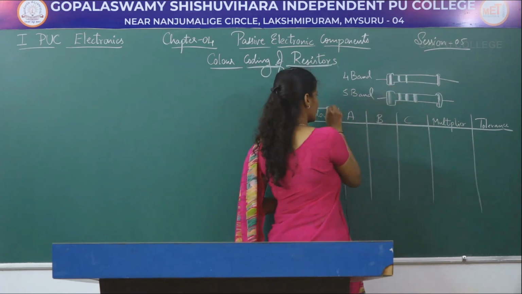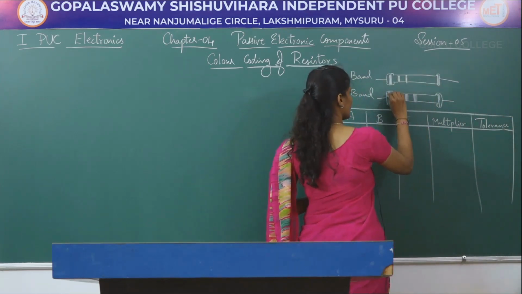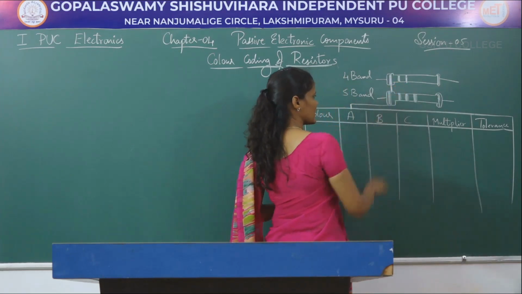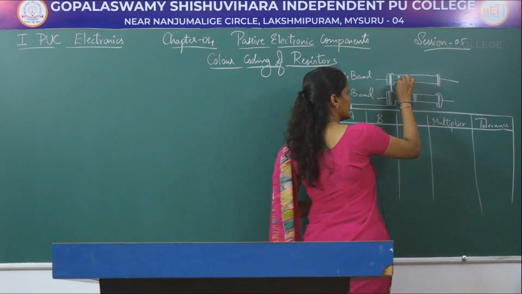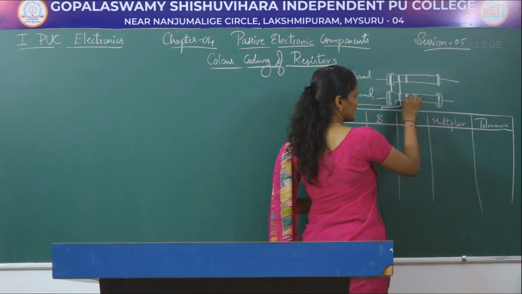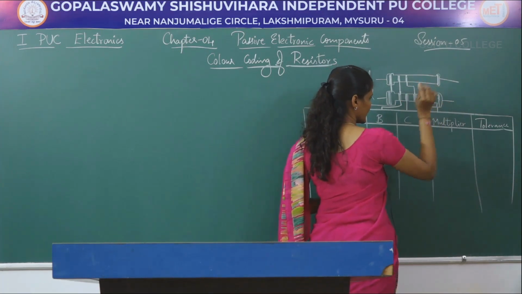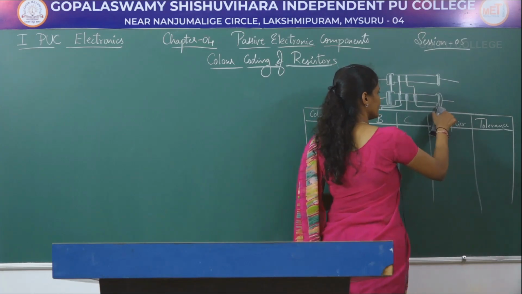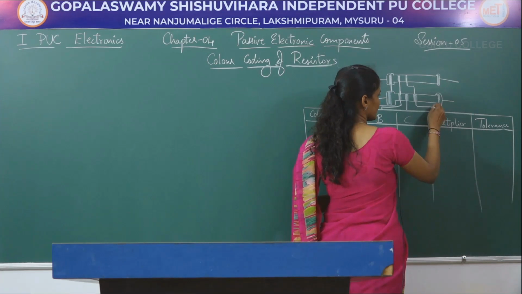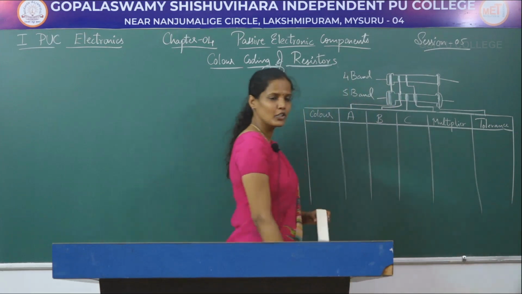These can be considered as column A. This and this can be considered as column B. This as C. This and this can be considered as the multiplier. These are the multipliers. This and this colors are nothing but the tolerance.